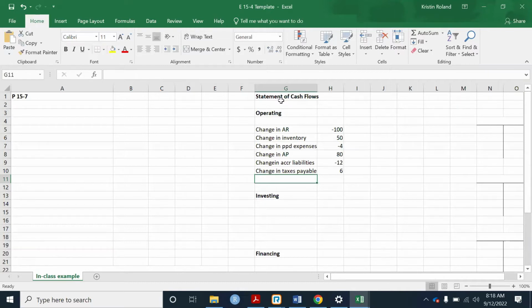Okay, then I'm going to keep working my way down. Notice I don't do anything with total current liabilities, because we've handled each one individually. Bonds payable, what section does that go in? Financing, good. And what am I going to do? Am I going to add that or subtract that? Add it. Good.